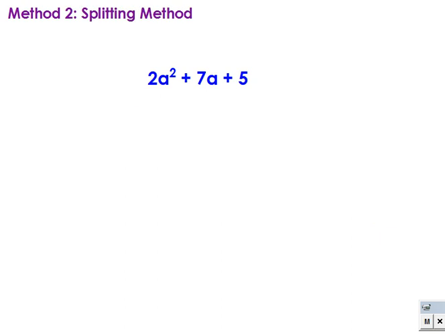For the second method, it's called splitting, and what we're going to do first is multiply the first term by the last term. So first times last is 10, and I'm going to figure out the factors of 10. I've got 10 and 1, 5 and 2.